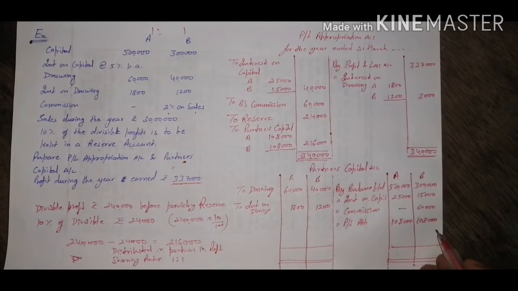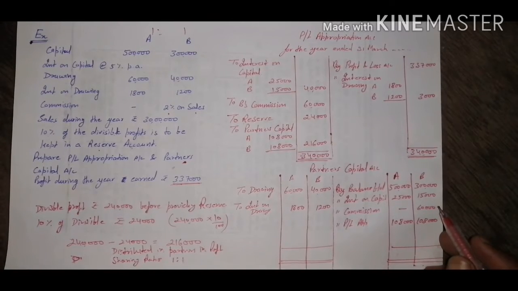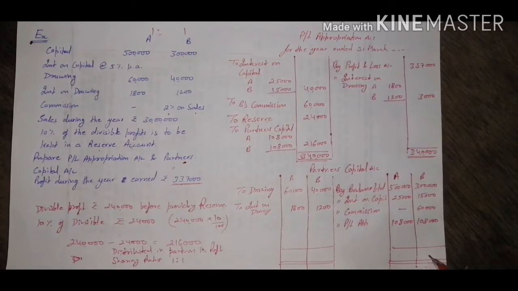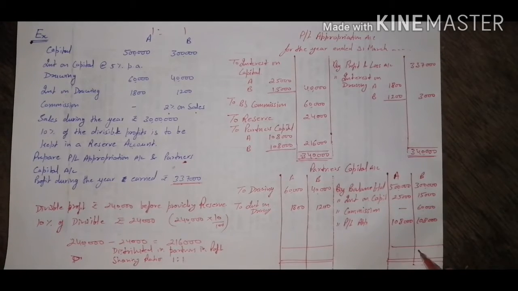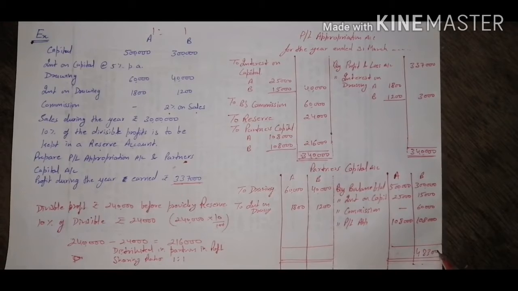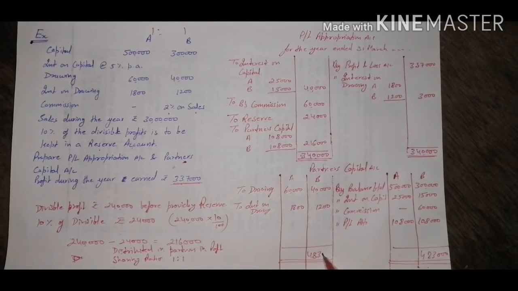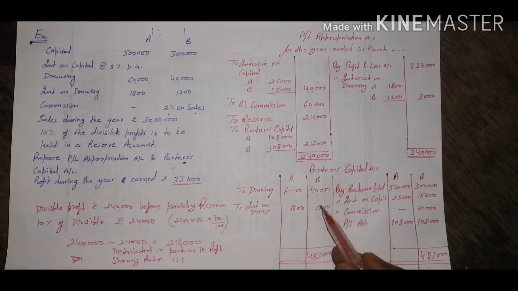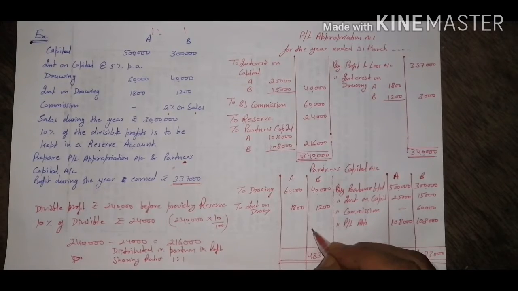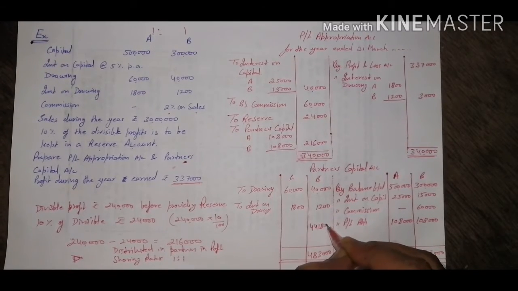For B, the credit side total is rupees 3 lakh plus 15,000 plus 60,000 plus 1,08,000, a total of 4,83,000. Subtracting 40,000 and 1,200, the balance amount is 4,41,800.